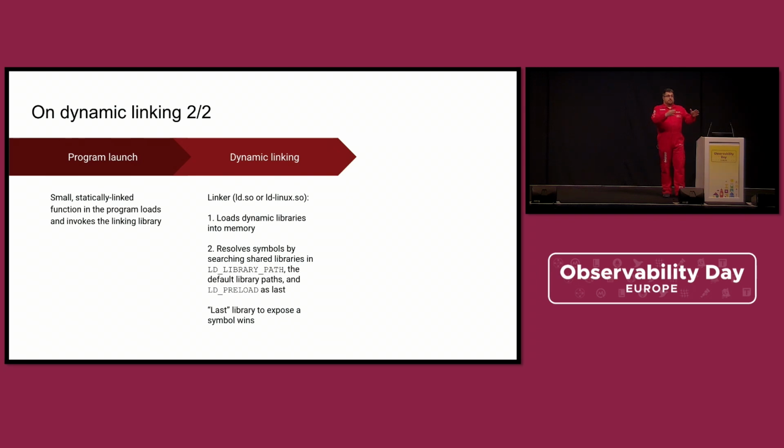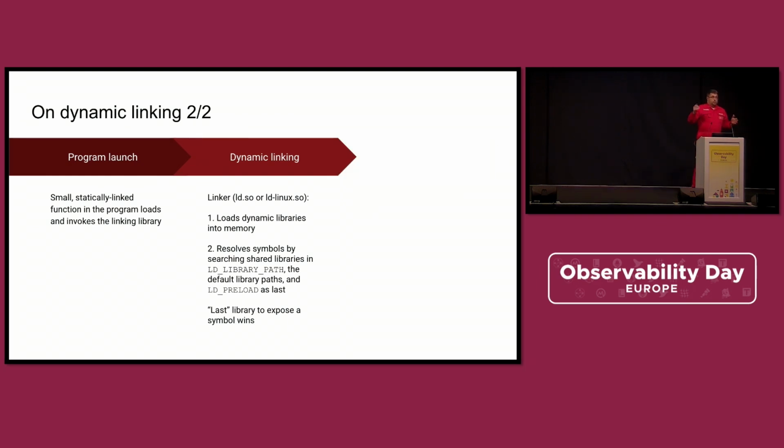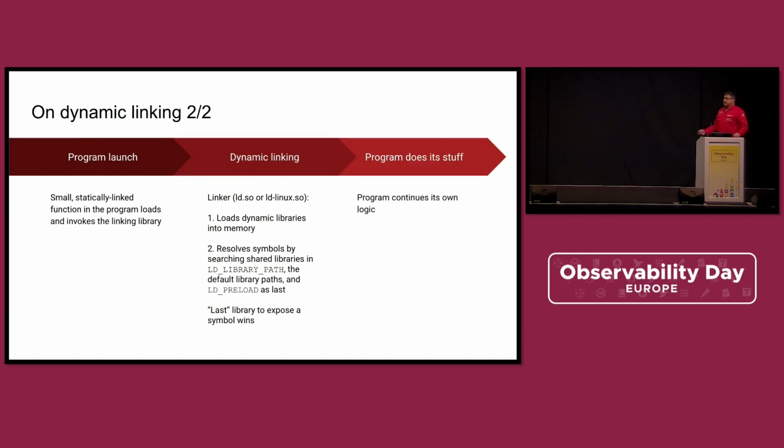So you create a list of libraries that will be looked at for things to plug in. The last library in the list wins. So the libraries are scanned kind of backwards, not really, but they get overwritten over time, and the most recent library wins. So I can actually override facilities provided by other libraries with LD_PRELOAD. And then your program continues merrily doing whatever it is supposed to do.